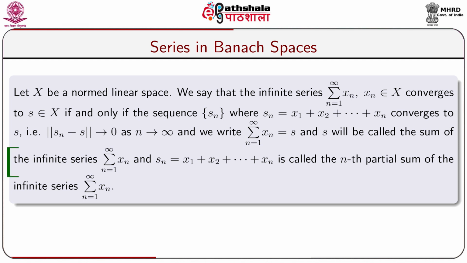That means, limit n tends to infinity Sn is equal to S, where Sn is equal to x1 plus x2 plus dot dot dot plus xn, and S is equal to sigma n equal to 1 to infinity xn. Now, Sn is called the nth partial sum of the infinite series sigma n equal to 1 to infinity xn.